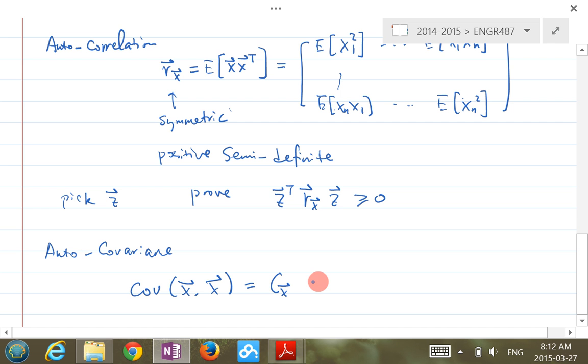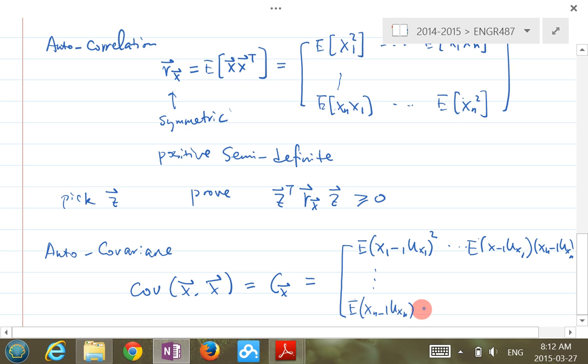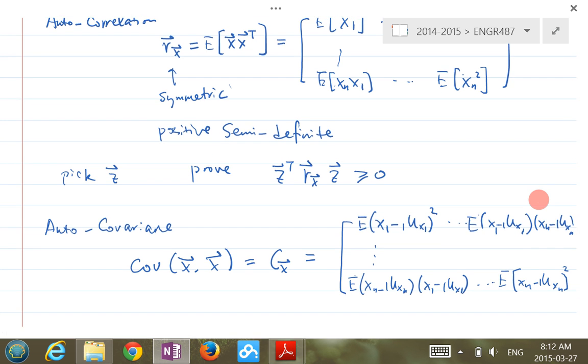The autocovariance matrix has entries: expected value of (x1 minus mu x1) squared, expected value of (x1 minus mu x1)(xn minus mu xn), the same term with xn and x1, and expected value of (xn minus mu xn) squared. So that's autocovariance.